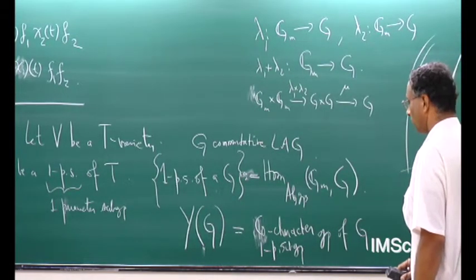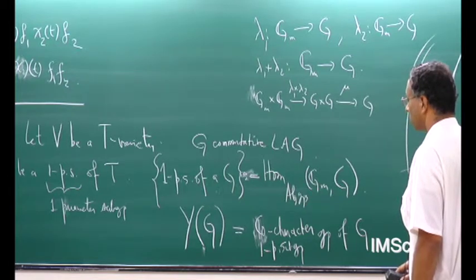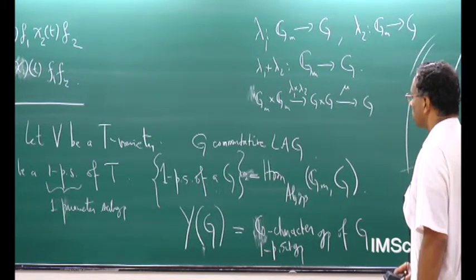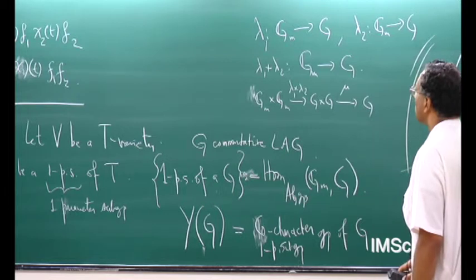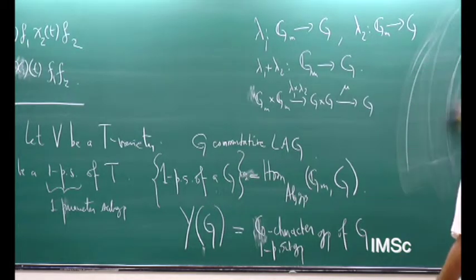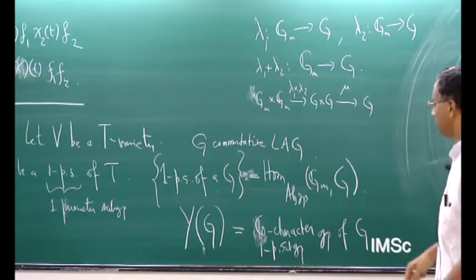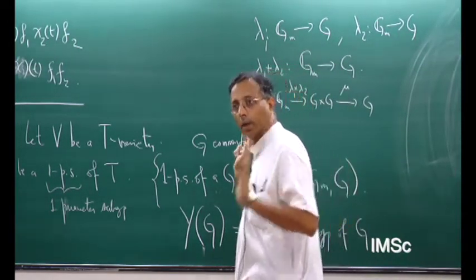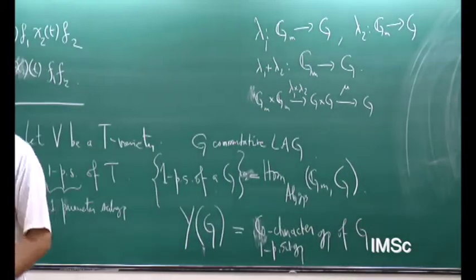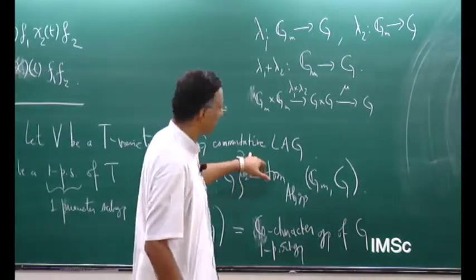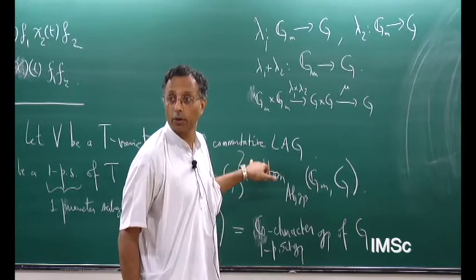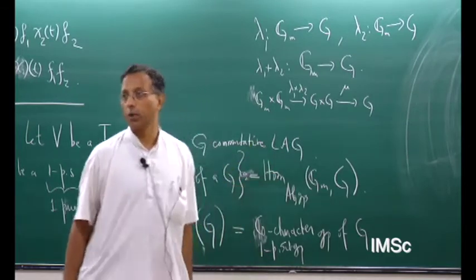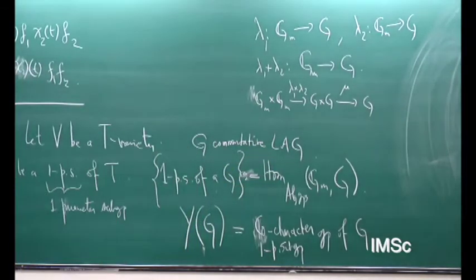Now this makes it into an abelian group that I can write additively, and as Abhishek correctly points out, I'm assuming G is commutative.